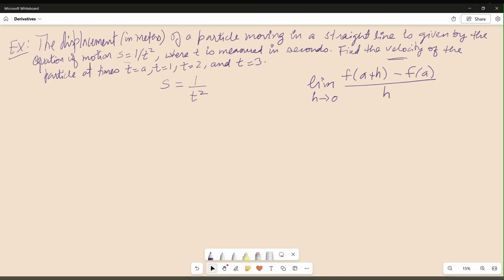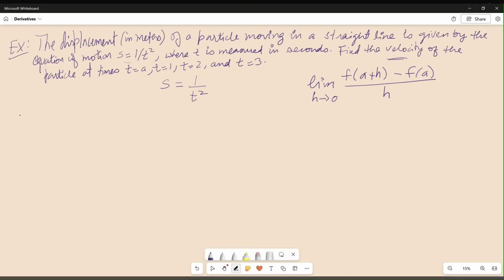We often have to plug this into the function itself, so it's handy to simplify this expression on the side first. Either way is fine, however you like it.